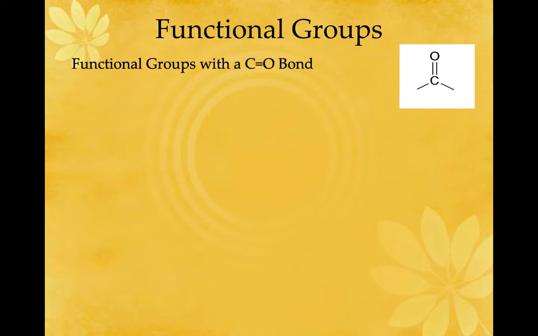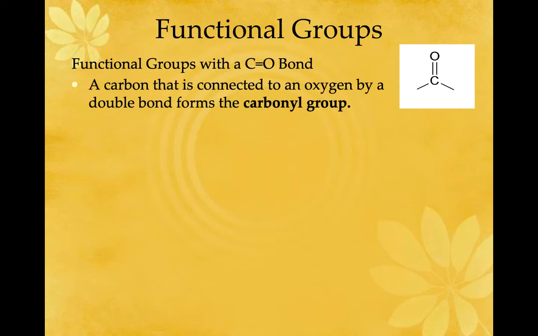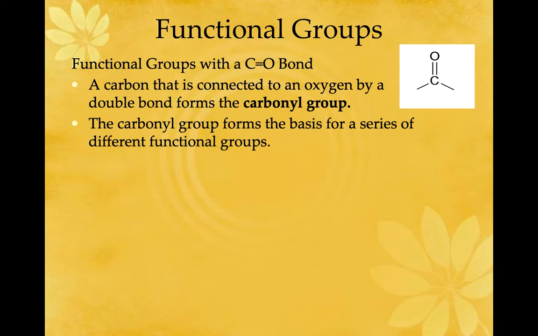The next group we're going to look at all contain a carbon double bonded to an oxygen. And that configuration, the carbon double bonded to an oxygen, is called the carbonyl group, and it forms the basis of a series of different functional groups.